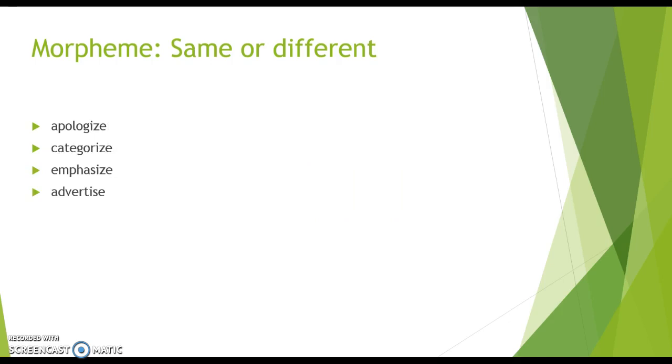So we have apologize, categorize, emphasize, and advertise. Here, these are all US spellings, but again, we want to ask, how would we identify if that suffix at the end of all of these words represents the same morpheme or maybe different morphemes?